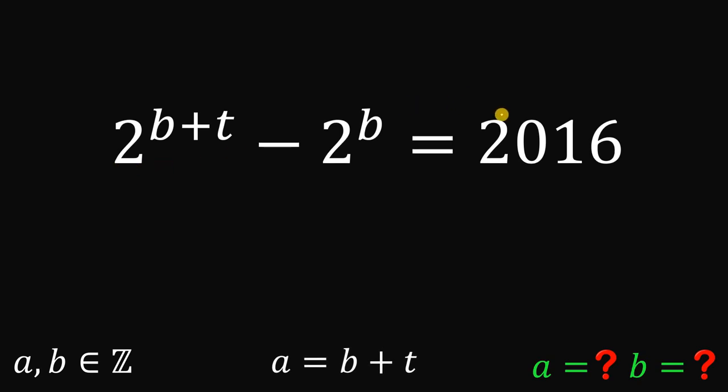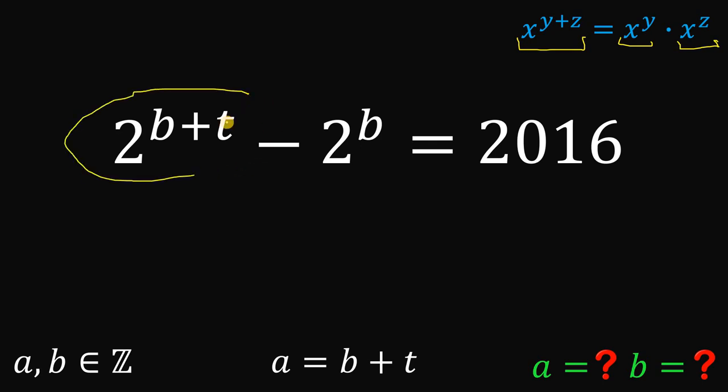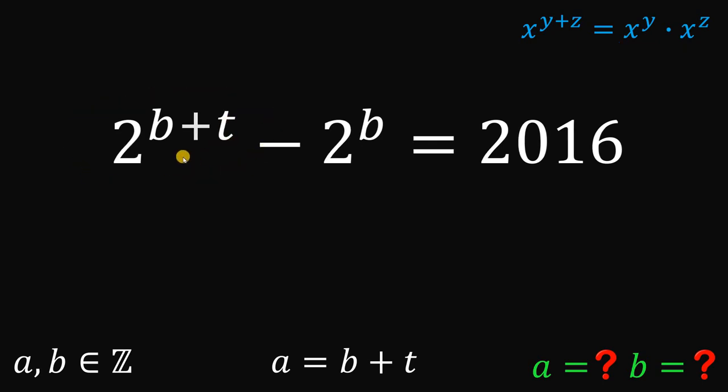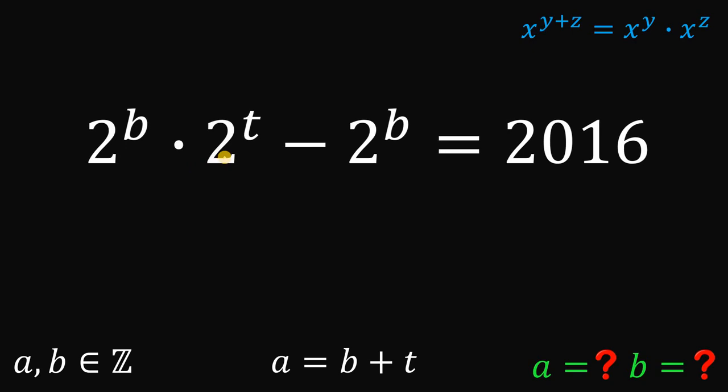To answer this, we will use some laws of exponent. If we have x raised to the power of y plus z, this can be written as x raised to the power of y times x raised to the power of z. Therefore, this term right over here can be written as 2 raised to the power of b times 2 raised to the power of t. Now, notice that we have a common factor of 2 raised to the power of b, so we can factor out 2 raised to the power of b.